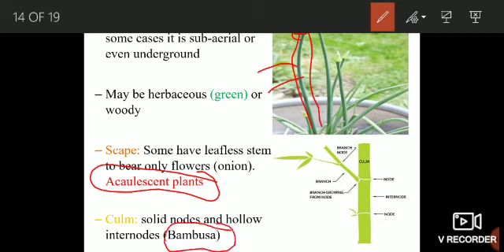The nodes are solid. Here you are having a node, and this node is solid. And it is having internodes, and these internodes are hollow. That means in bamboo you will find nodes are solid and the internodes are hollow. This type of stem is known as culm.